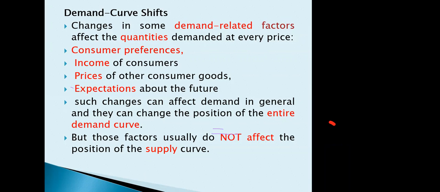But those factors usually do not affect position of the supply curve. तो सप्लाई के ऊपर ये ज्यादा इंपैक्ट नहीं करेंगे लेकिन डिमांड के ऊपर ज्यादा इंपैक्ट होगा. So with this factor I have to manage my supply by considering the demand, by analyzing the demand, by estimating the demand. As a manufacturer, I need to manage my supply. I have to control my supply accordingly. So these are the factors due to which demand curve may shift.